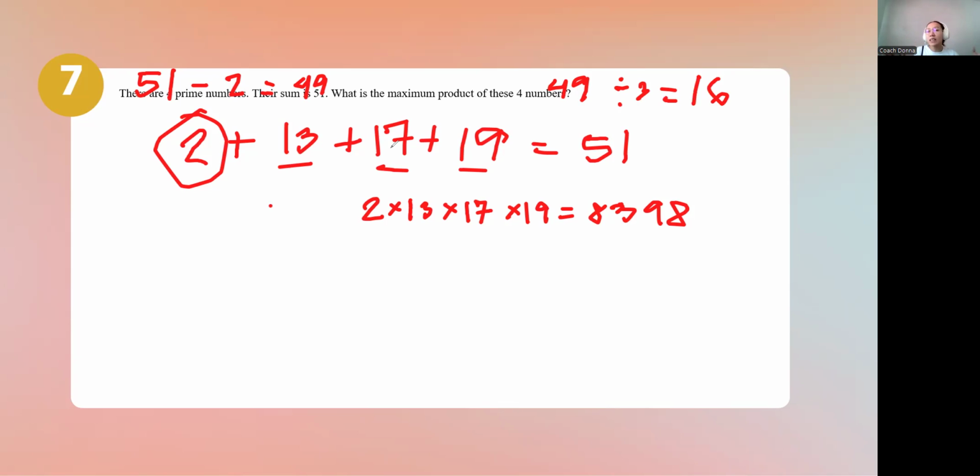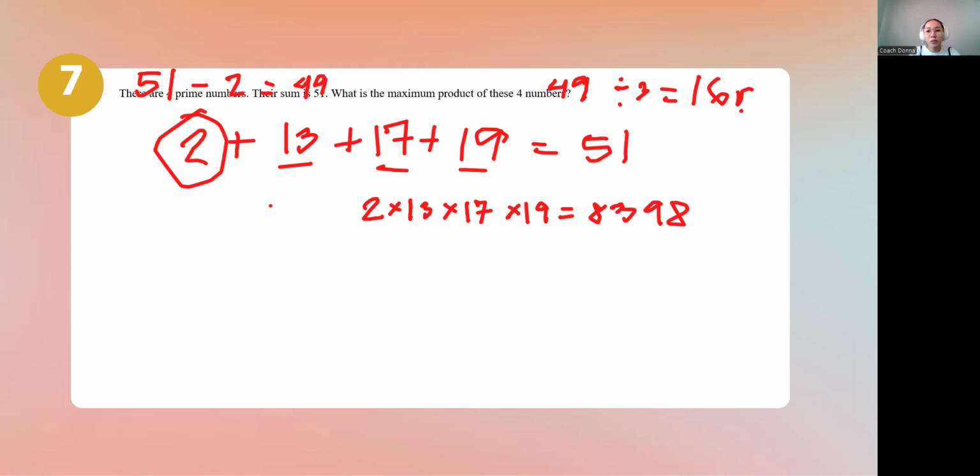But 16 is not prime. But what are numbers close to 16? We have 13, 17, and 19. And we've chosen this so that when we add it to 2 also, we'd get 51. And so here are our numbers, all right? That's it for this number.